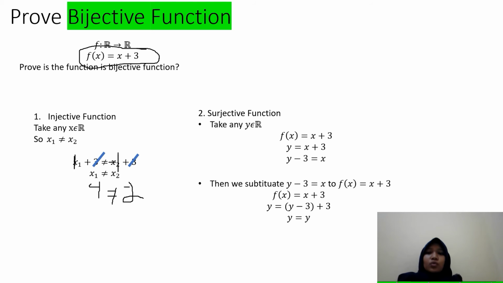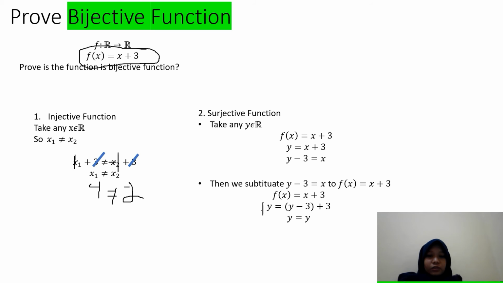Okay. Now let's try to prove whether this is a surjective function or not. So first take any y element of R. So we got f(x) is equal to x plus 3, y equals x plus 3, and then we got y minus 3 is equal to x, and then we substitute y minus 3 into f(x) is x plus 3. Actually this is f(x), yeah.